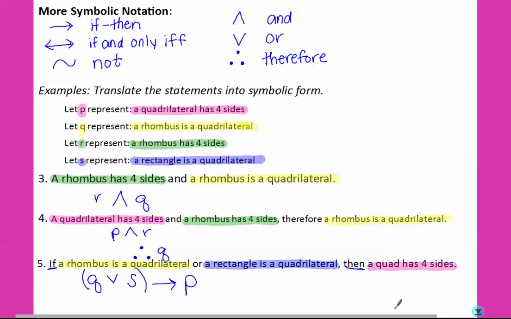So statements can also be represented using Venn diagrams. Venn diagrams show relationships among sets.